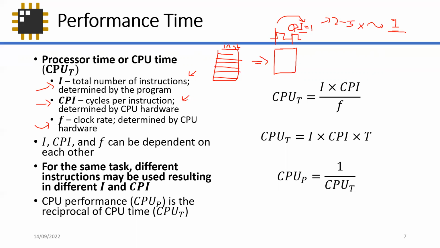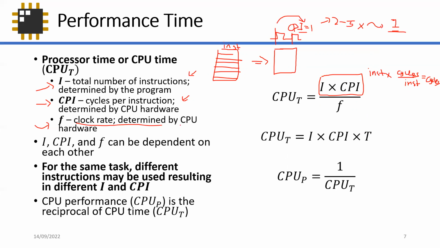But the important part is that if you multiply the number of instructions with the cycles per instruction, so that's the instruction count times the number of clock periods per instruction, you get the total number of cycles, right? But we know that the number of cycles is related to two things.